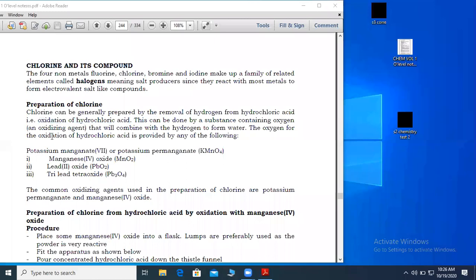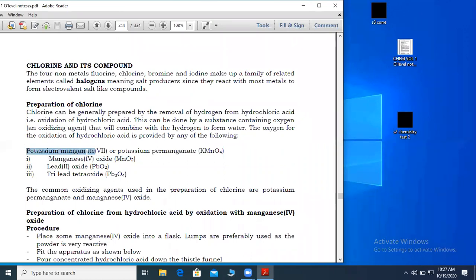The oxygen for the oxidation of hydrochloric acid is provided by any of the following. Now, any of these will help us to get chlorine, but the commonly used one is manganese 4 oxide, and potassium permanganate.